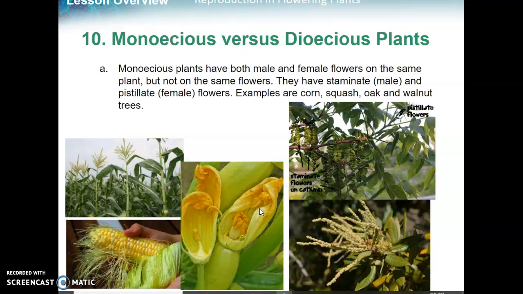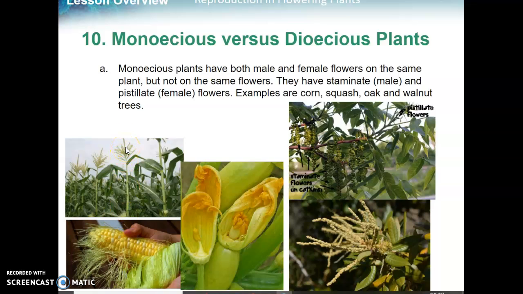All right, now compare this to a monoecious plant. A monoecious plant has both male and female on the same plant. So here's an example of a monoecious corn. Up here, these are the imperfect male flowers. The staminate flowers are up here on the tassels, we call them. And then down here on the silks of the ear of the corn, these are all the imperfect female flowers.